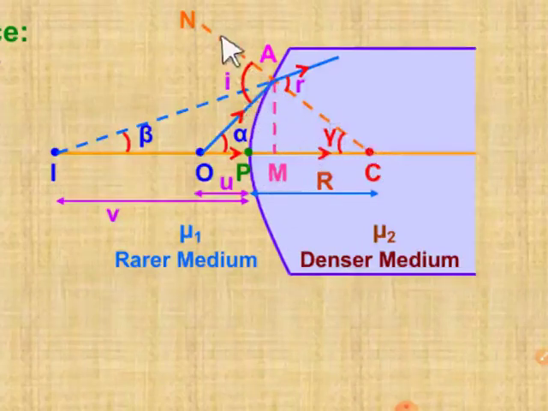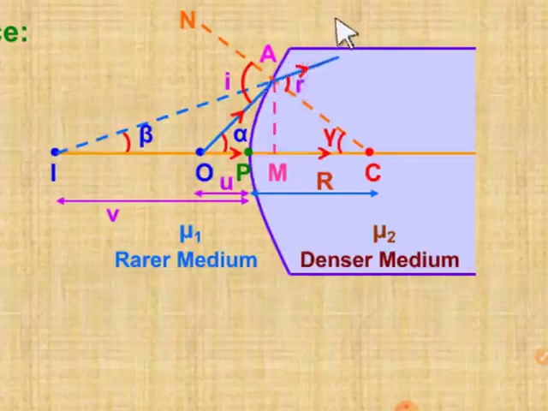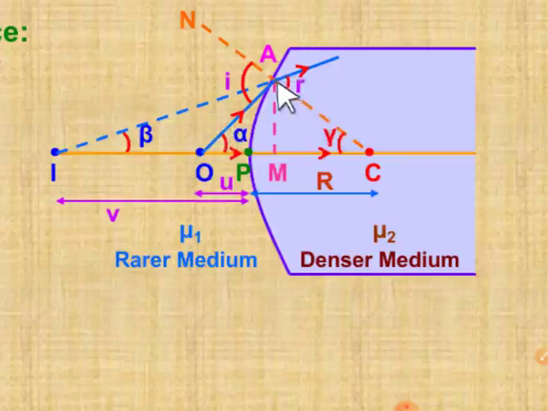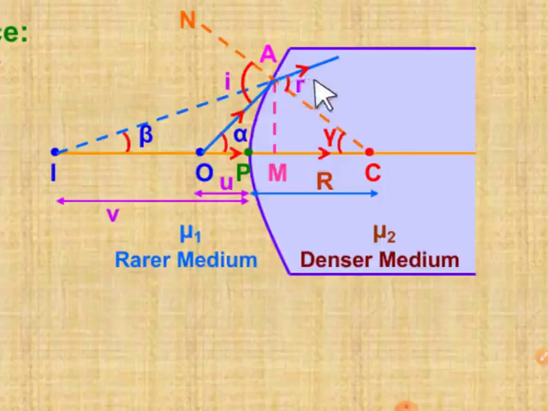The angle between the normal and the incident ray we call the angle of incidence. This will be the direction of the actual incident ray. But as the light ray is traveling from rarer to denser, what happens? It will bend toward the normal, right? Instead of moving like this, the refracted ray bends toward the normal.